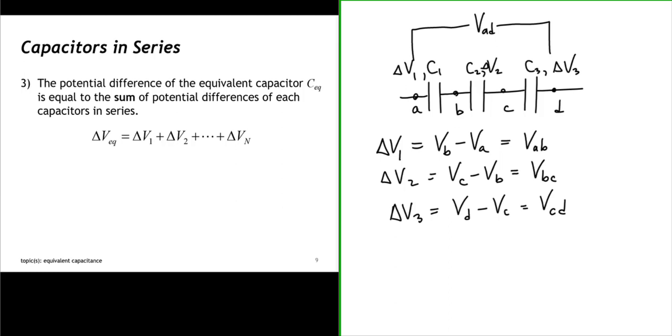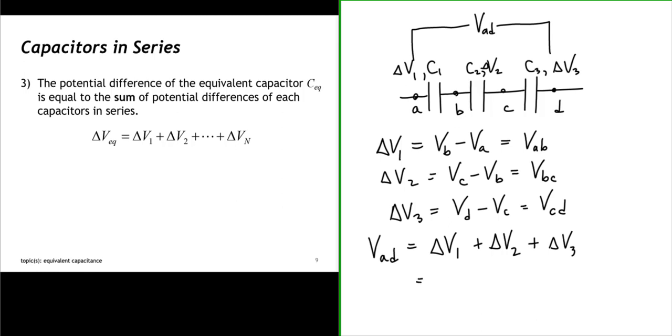And that potential difference from point A to point D is, remember, just the sum of V1 and the potential difference V2 across capacitor 2 and the potential difference V3 across capacitor 3.